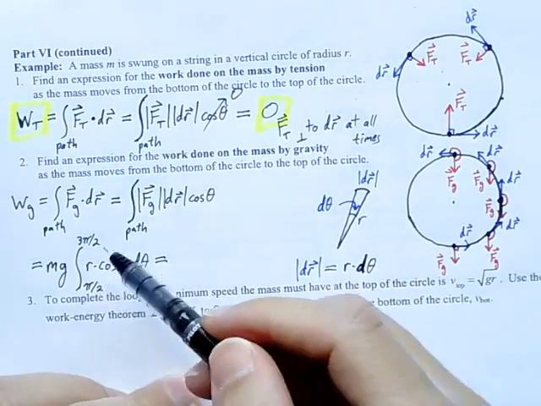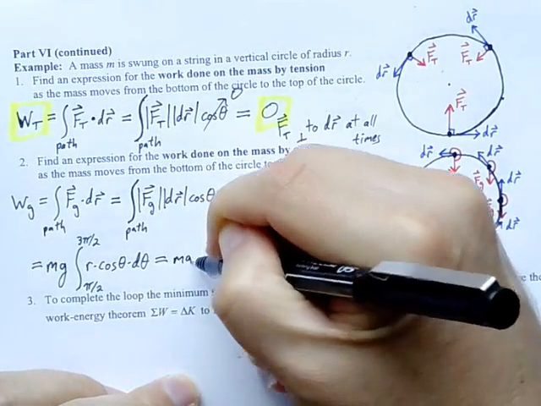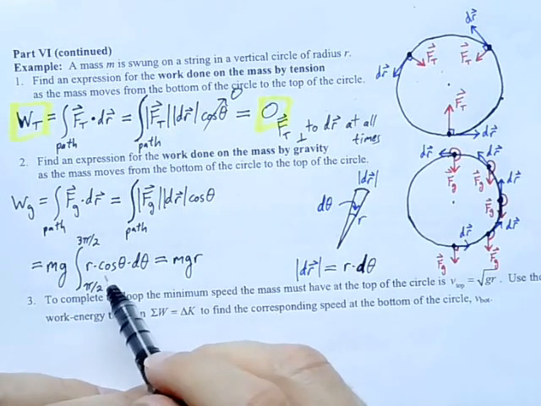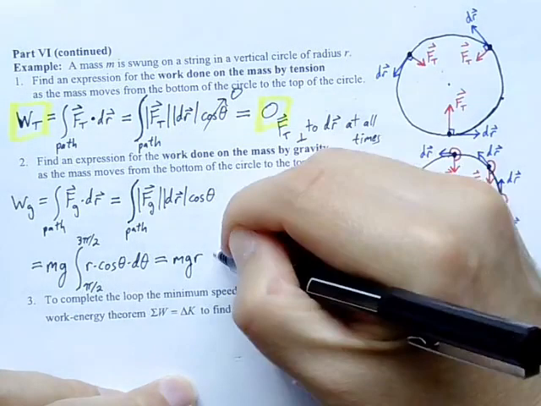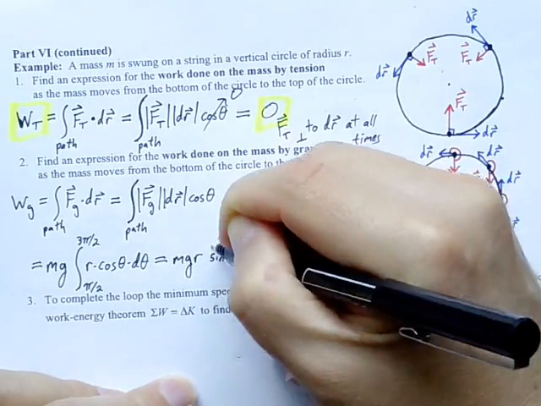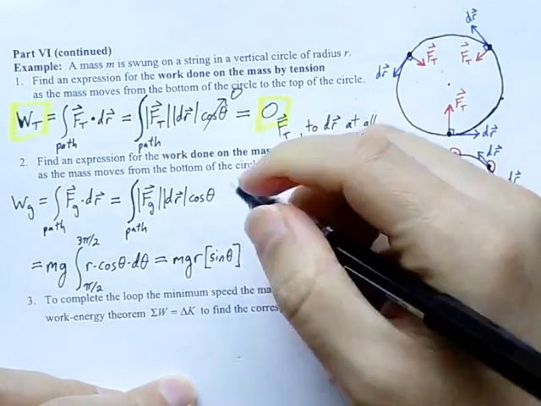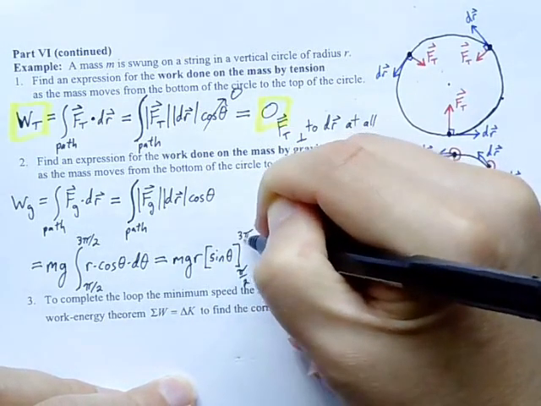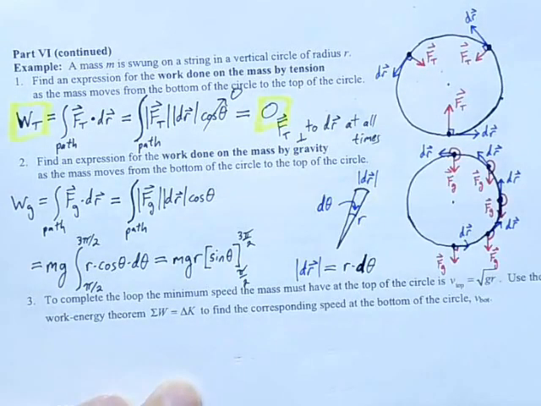So pull out the r and we get mgr. Collect those constants out front. And the antiderivative of cosine theta with respect to theta is sine theta. So we're going to evaluate that antiderivative at theta equals pi over 2 and at theta equals 3 pi over 2, the upper and lower limits.